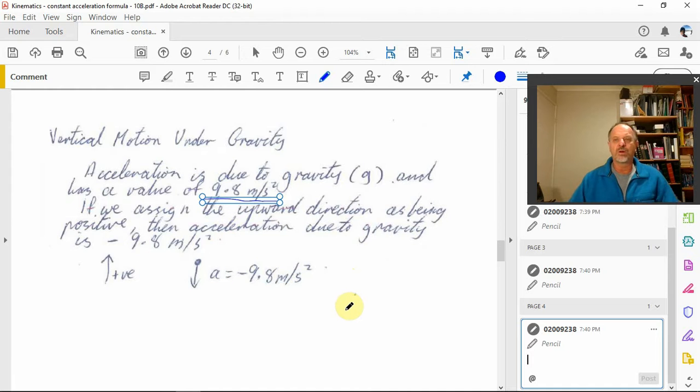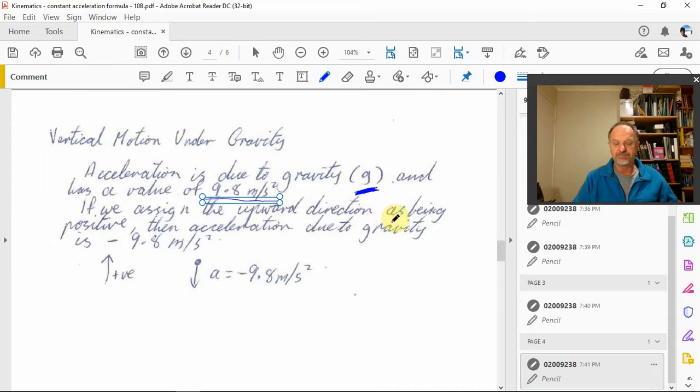So, of course, in the exam, it says the acceleration due to gravity is 9.8, but if you're not directed to give your answer to a certain number of decimal places, then you just use the symbol g, the acceleration due to gravity.